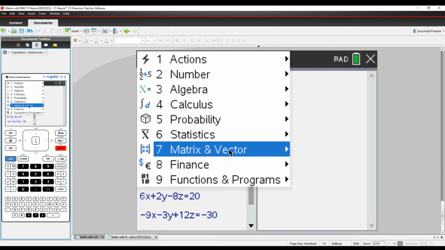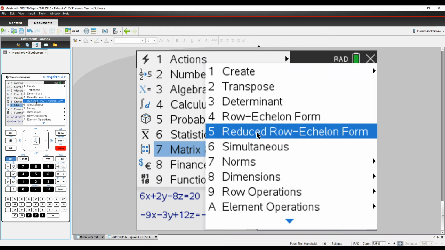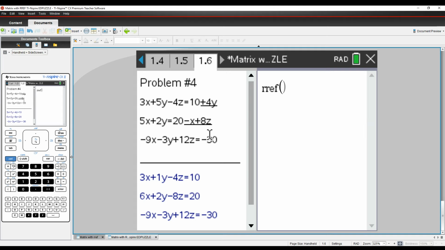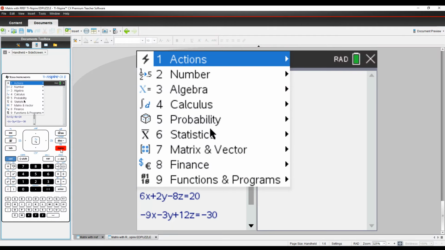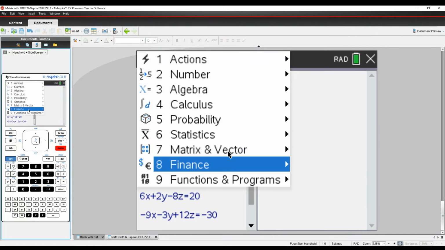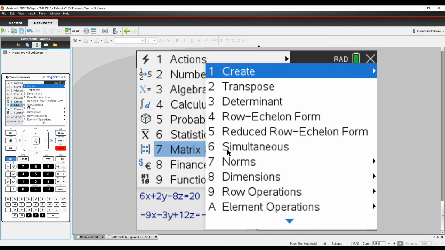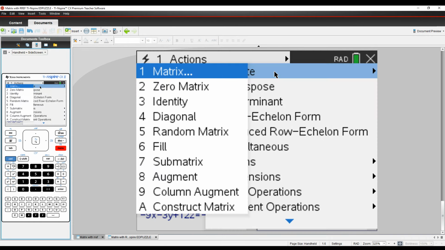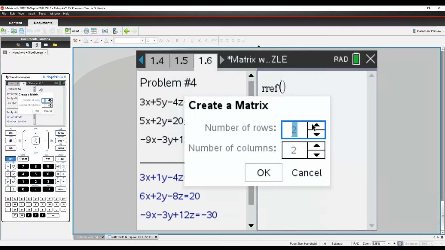Menu, matrix, reduced row echelon form. But I don't have my matrix there. How do I select my matrix? Menu, matrix. I'm going to create a matrix. Create matrix. And again, this is a 3 by 4.